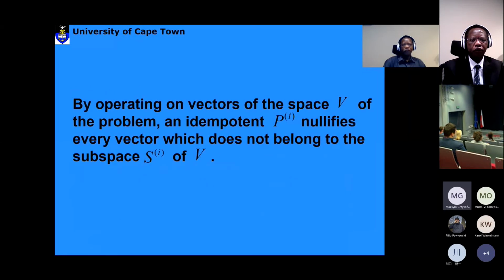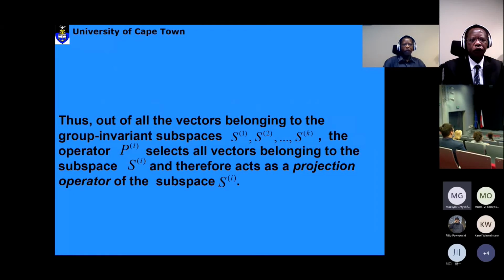By operating on vectors of the space V of the problem, an idempotent Pi nullifies every vector which does not belong to the subspace Si of V. Thus, out of all the vectors belonging to the group invariant subspaces S1, S2 up to Sk, the operator Pi selects all vectors belonging to the subspace Si and therefore acts as a projection operator of the subspace Si.